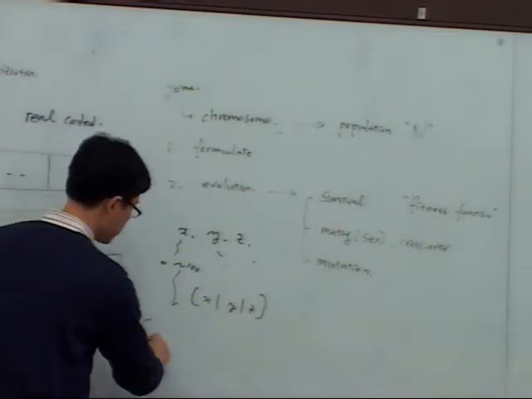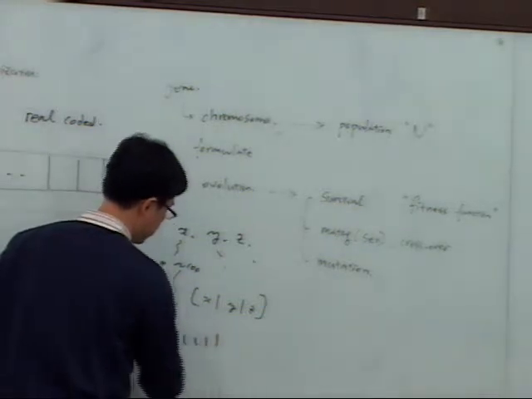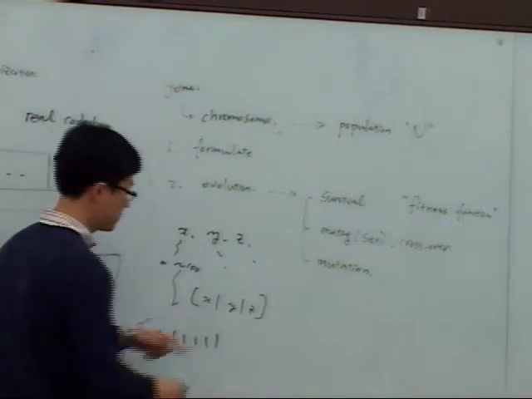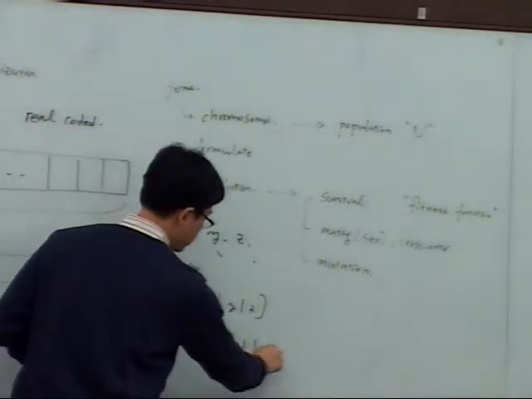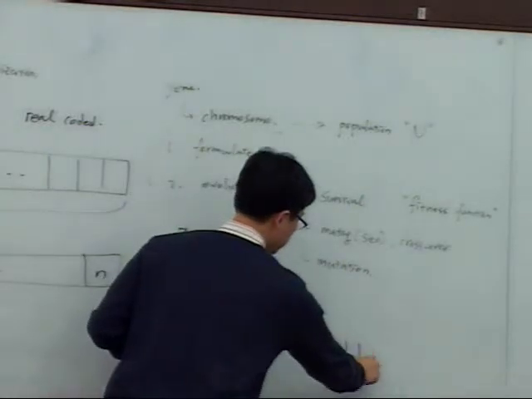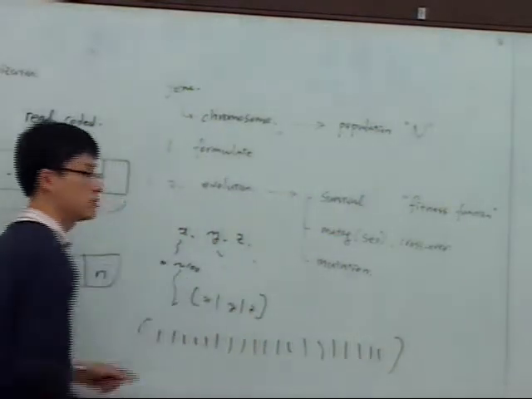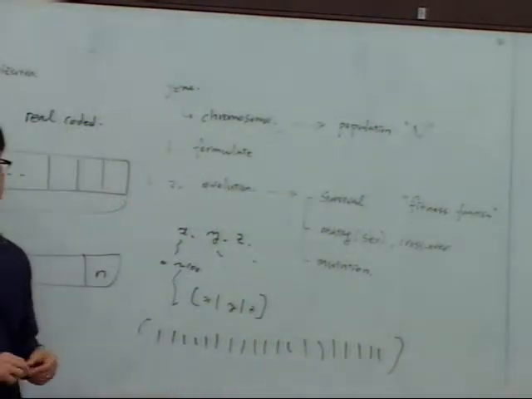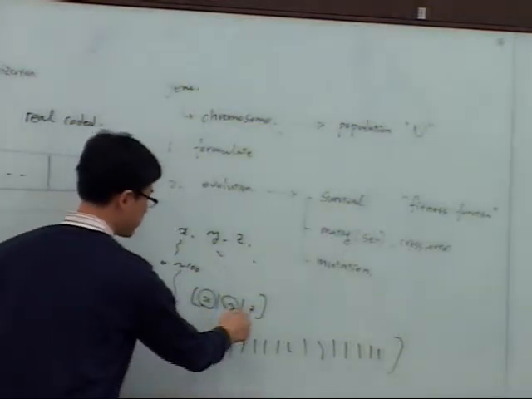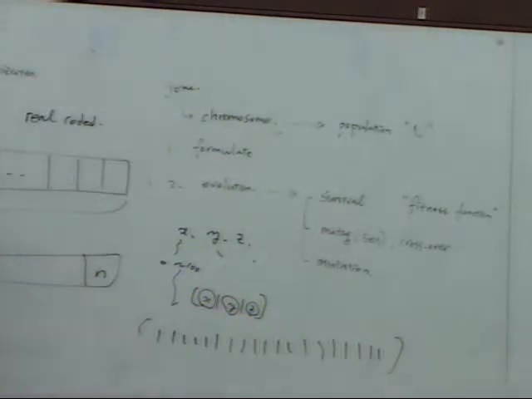But anyway, some bits are assigned to represent x, and the consecutive bits are for y, and the other consecutive bits are for z. That is also possible. Okay? I will explain why only these 3 genes are not that good a design later. Anyway.